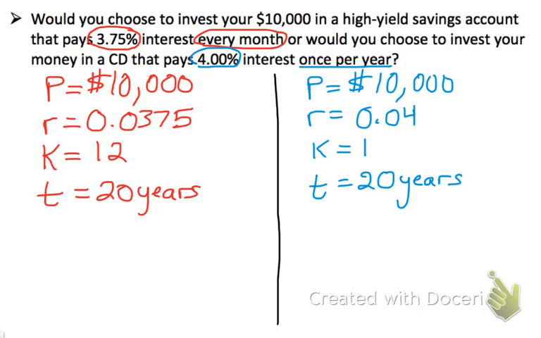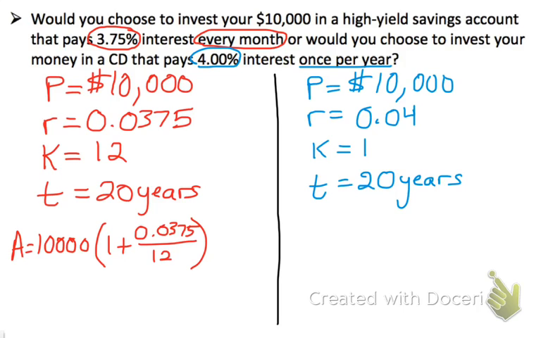In the first case, A is going to be equal to 10,000, our principal, times the quantity 1 plus R, which is 0.0375, divided by K, all raised to the K times T power.